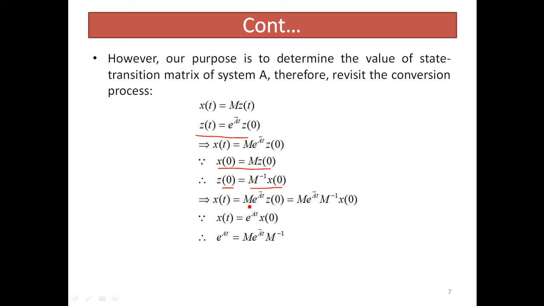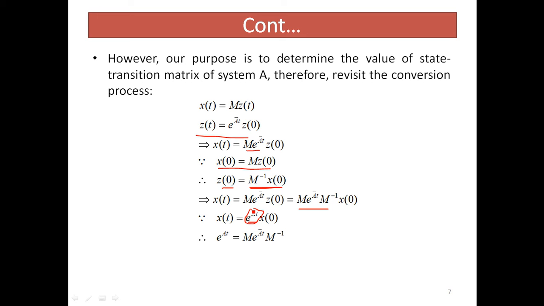So x(t) would be equal to M into this factor into z(0). So M e raised to A-bar t z(0) equals M e raised to A-bar t M inverse x(0). So this is the combination of matrices M into e raised to A-bar t into M inverse, which reflects e raised to At.